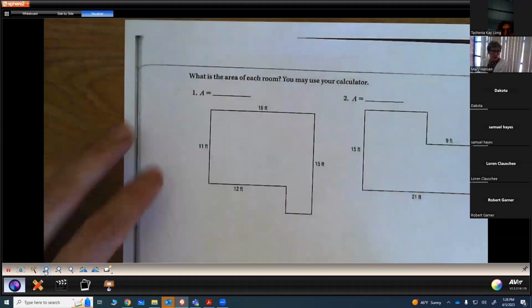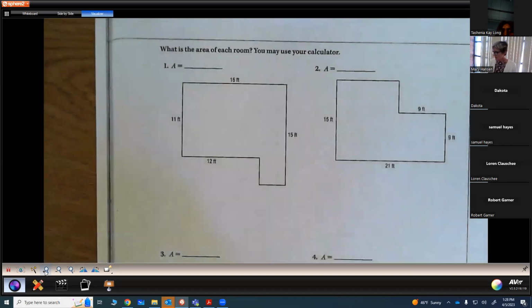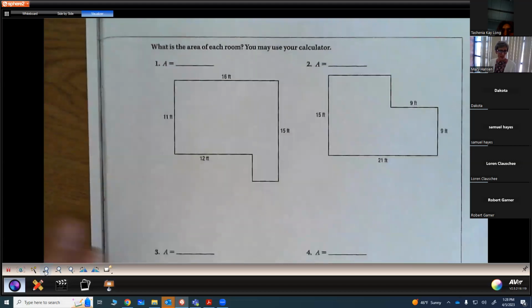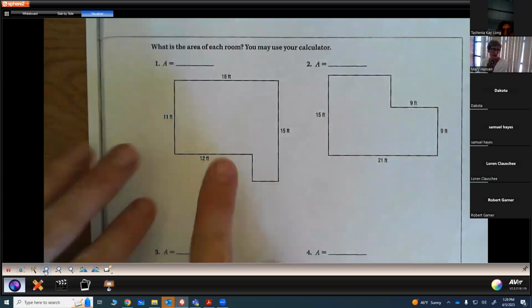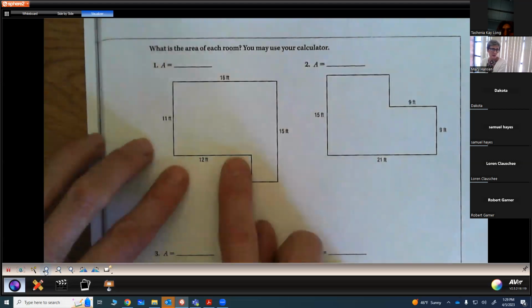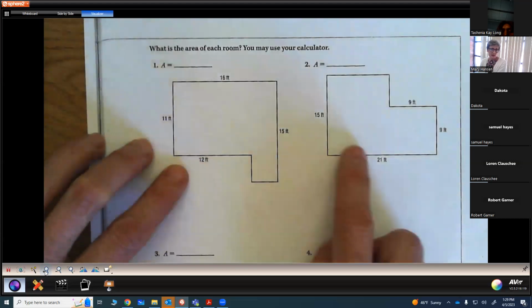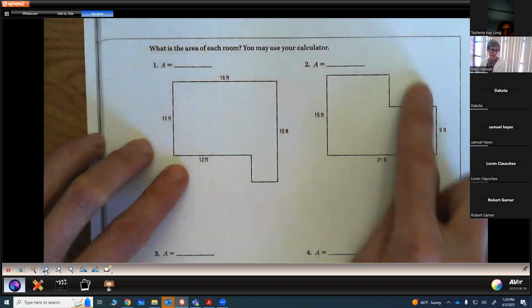Okay, so if you remember, we've been working with shapes that are not standard shapes. For example, this room is like a rectangle with another little piece put on it, right? And this one looks like a rectangle with a piece cut out of it.